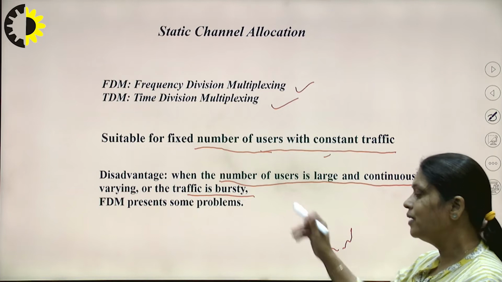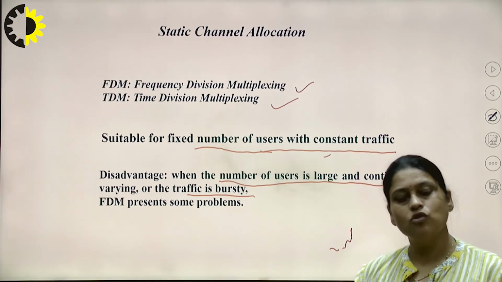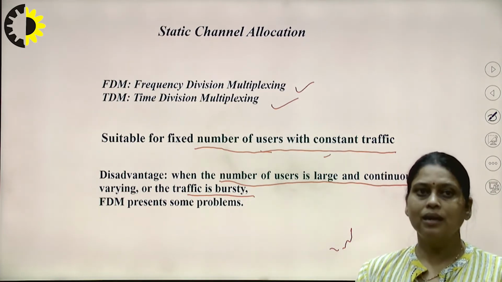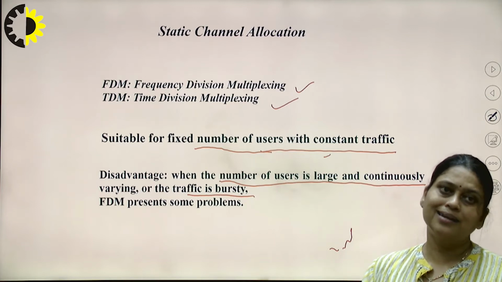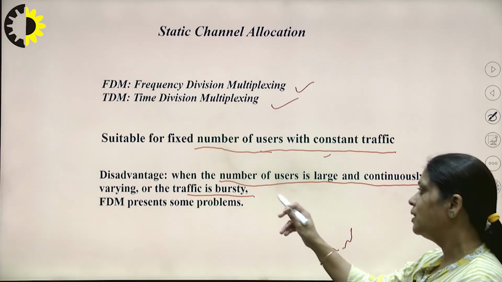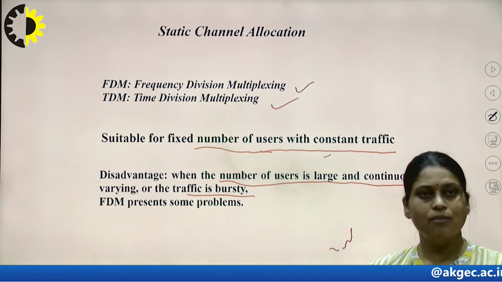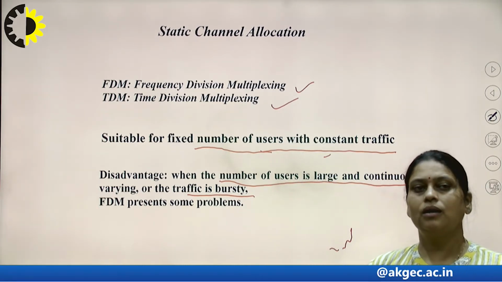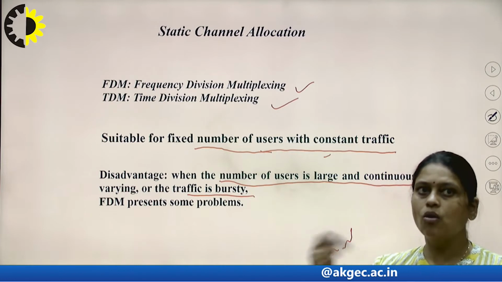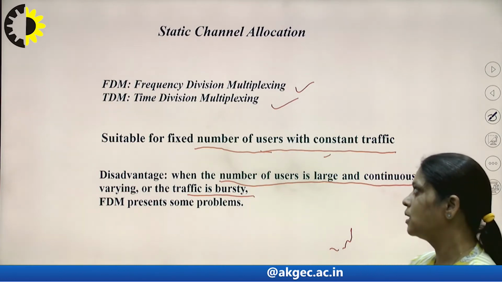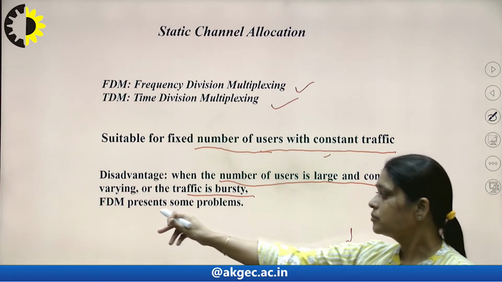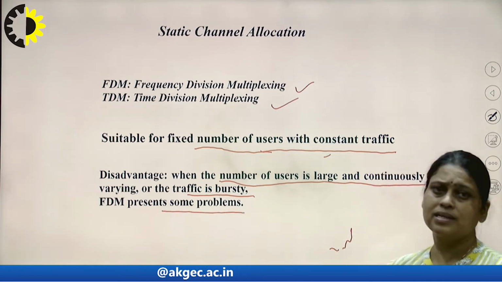We have only a fixed amount of bandwidth, so we cannot send a large amount of data, and the data will be lost. So in static channel allocation we have just a fixed number of users, and we cannot add or delete users in the network. So FDM presents some problems.